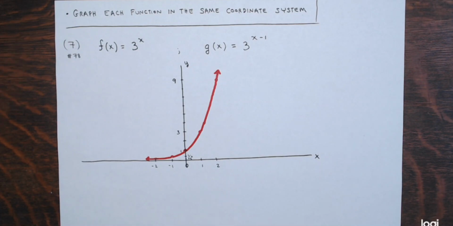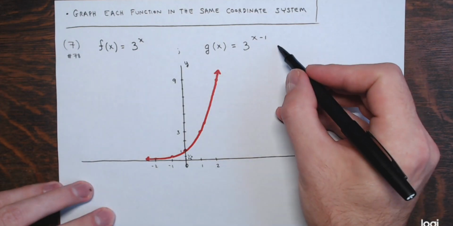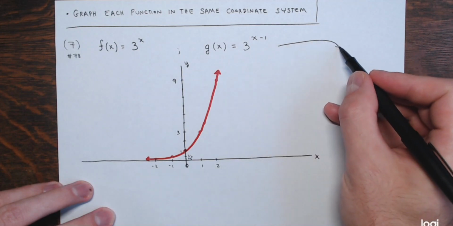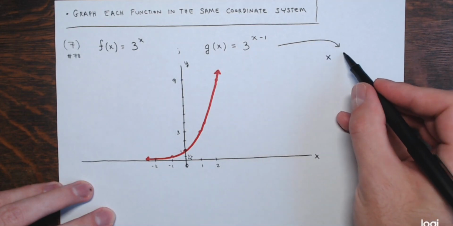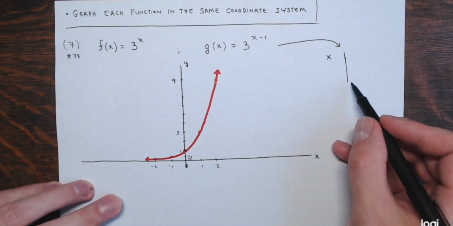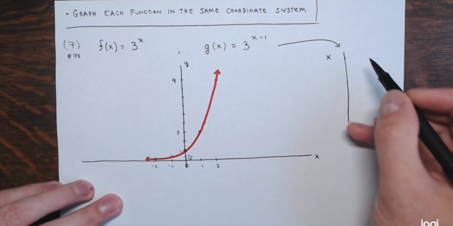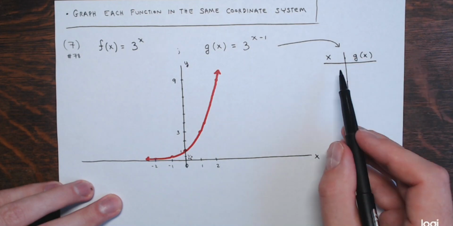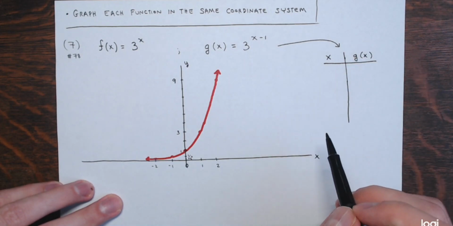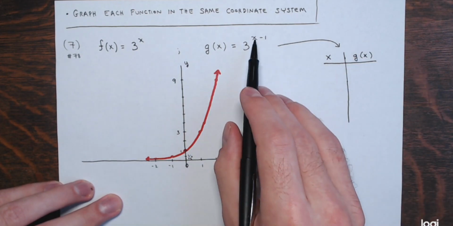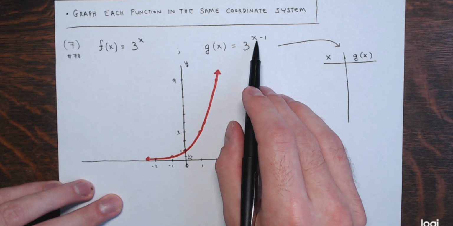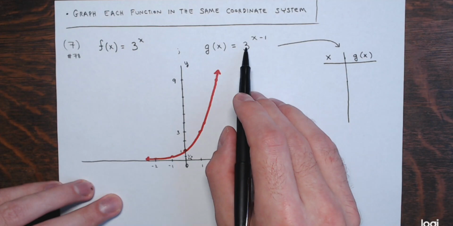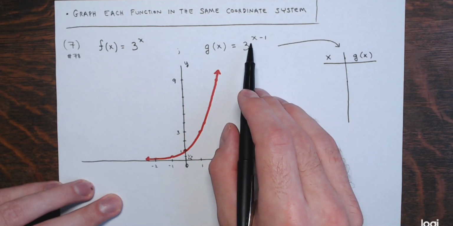this next graph. Let's do this over here. I'm going to make another table. It's a different power. It's not just to the x power anymore. So instead of putting in -2 to 2 like I used to, I'm going to start at what value of x gives me 3 to the 0, and then I'll go 2 above that, 2 below that.